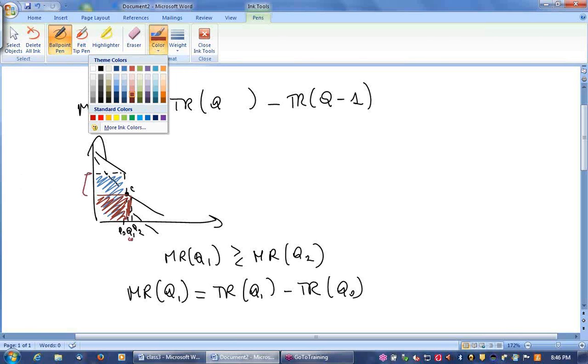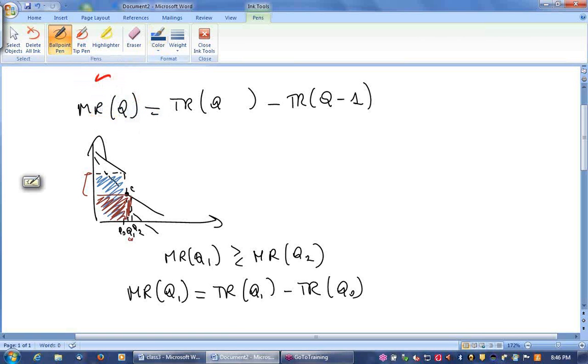So the marginal revenue will be given by this area, that is a loss because you are decreasing the price, plus this small area. So this is a minus and this one is a plus. The green area is our marginal revenue for selling the unit Q1.